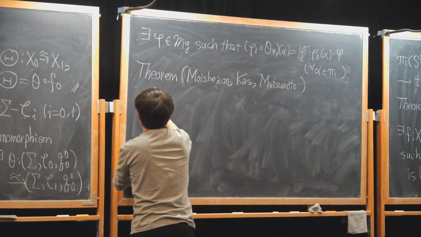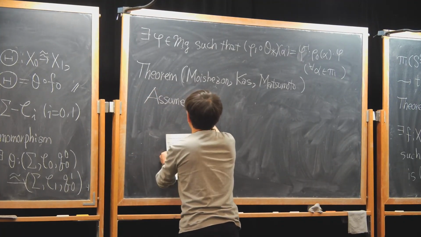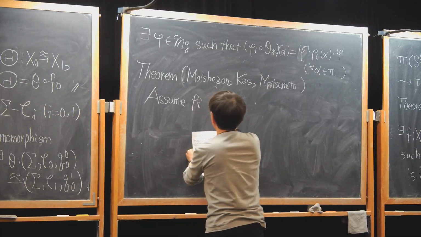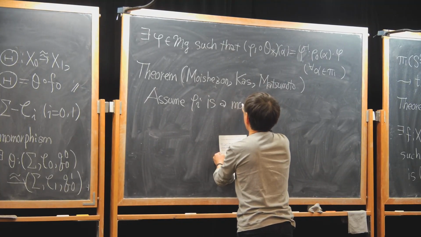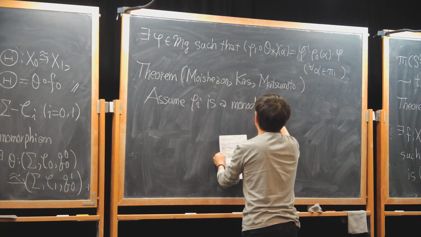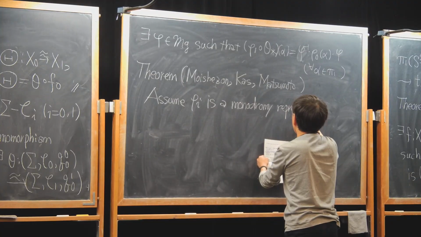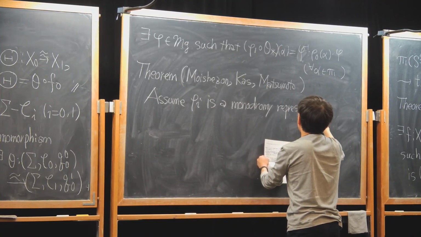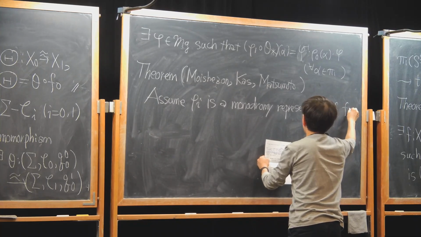So assume that rho_i is a monodromy representation of F_i.